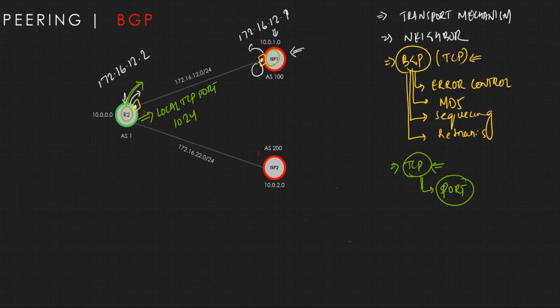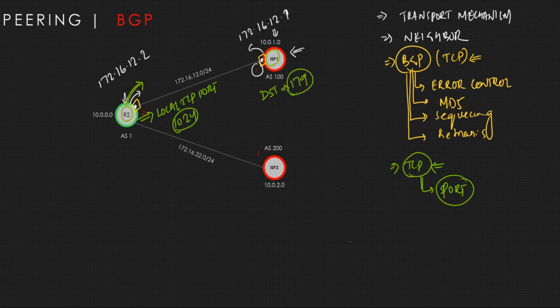For example, R2 wants to have a peering with ISP1. The destination port that is needed is port number 179, the well-known port number for TCP used by BGP. So any port beyond 1024 for the source, and destination port 179.